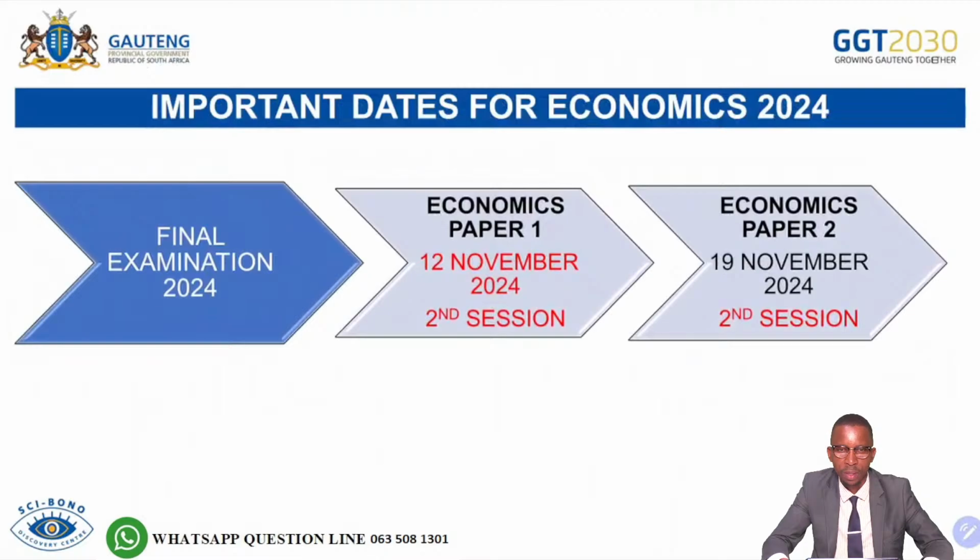But in the afternoon, you will have to sit for economics paper 1 on the 12th of November. And then the second part of this date is economics paper 2 on the 19th of November. Second session again, meaning our papers this year are both in second session.